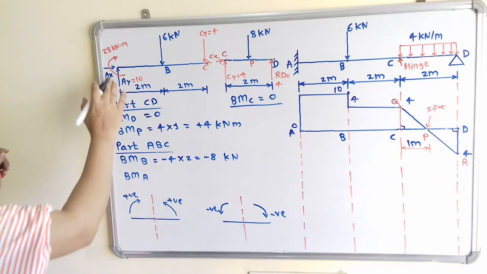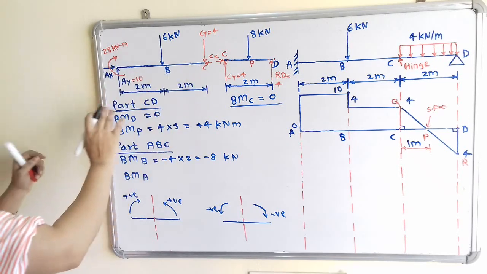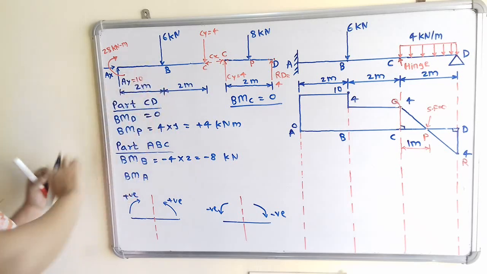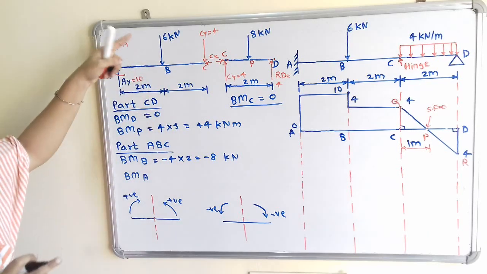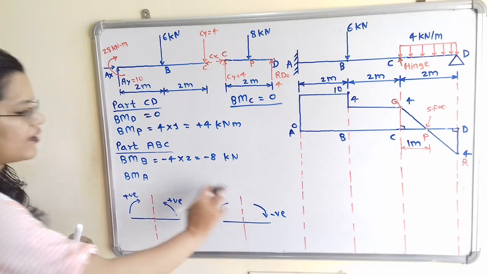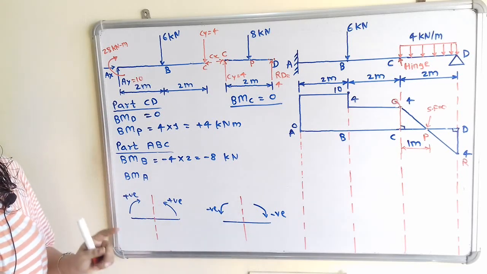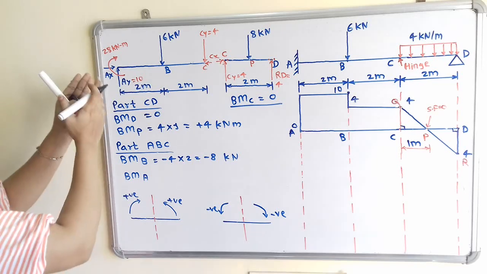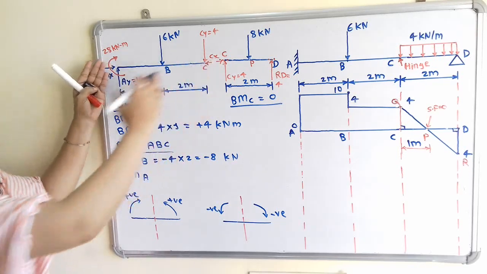So if we observe, to the right hand side of the point A, there are two forces or 2 point loads which are acting in downward direction. So moment is in clockwise direction. So remember, we have to consider only the moments on the right hand side.